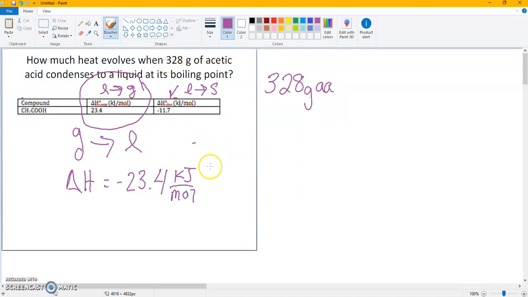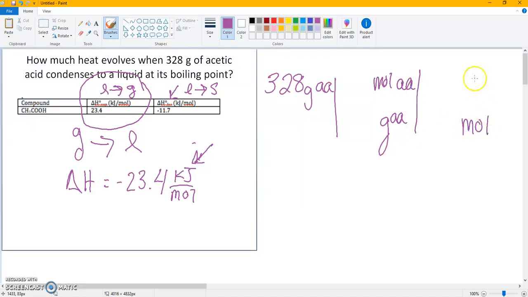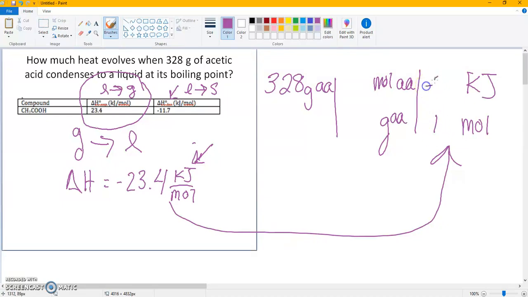Alright, now, like I said in the last section, this is a conversion factor. So now all I have to do is go from grams of acetic acid to moles of acetic acid using the periodic table. And then I can go directly from moles to kilojoules using my delta H. So 1 mole is equal to negative 23.4 kilojoules. 1 mole is equal to whatever I calculate off of the periodic table.